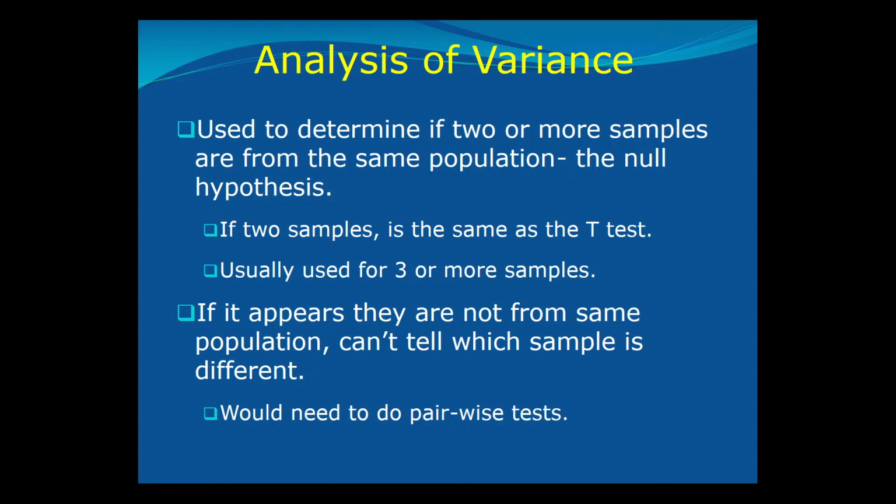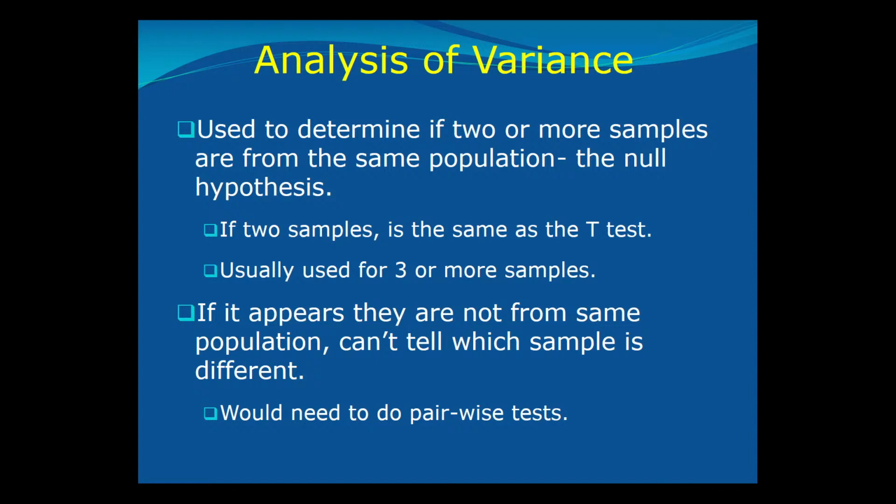One more method of hypothesis testing is analysis of variance. It is used to determine if two or more samples are from the same population or not. If we have two samples, we should use the t-test. If we have more than two samples, three or more, we should use analysis of variance.